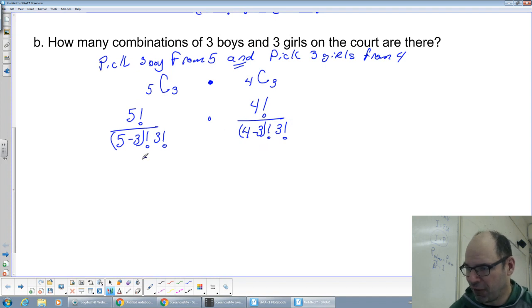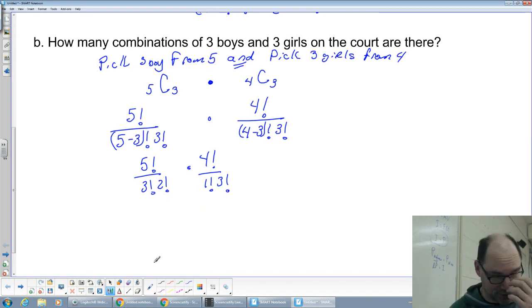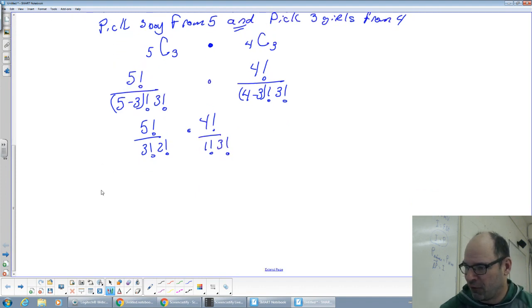So this would be 5 factorial over 3 factorial, 2 factorial, times 4 factorial over 1 factorial, 3 factorial. We can work them out, or we could just use our calculators for each of these. I like to write out the first couple of steps to show that I know what I'm doing.